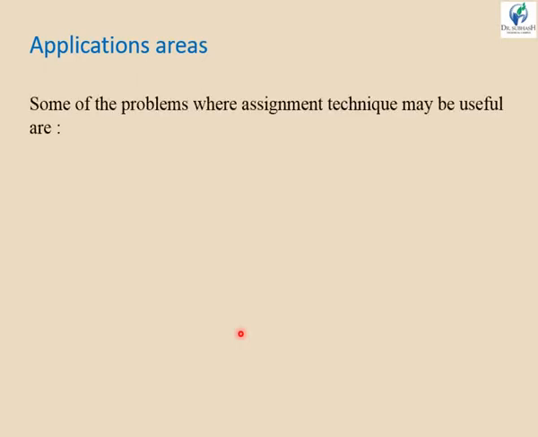Next, moving to the next slide. Applications of assignment problem. There are certain areas where this assignment problem is very useful. For example, it's used for assignment of workers to machines. If there are a number of machines and a number of workers, then with the help of this assignment problem you can assign workers to particular machines in such a way that your total production time or total machining time is reduced.